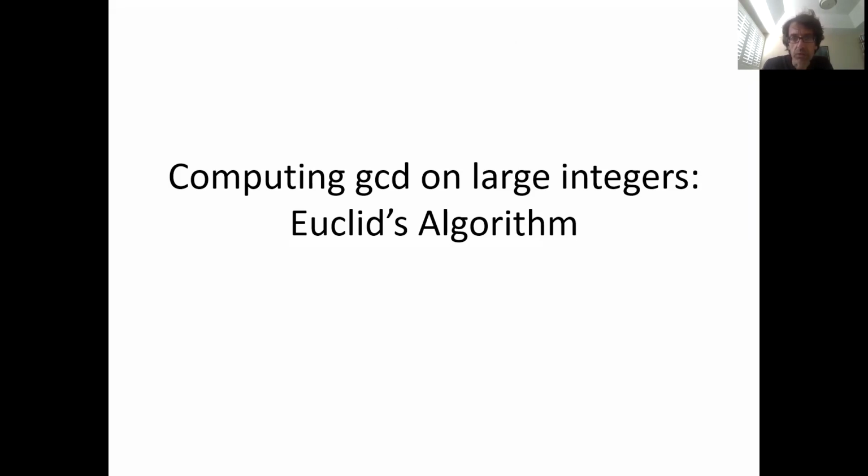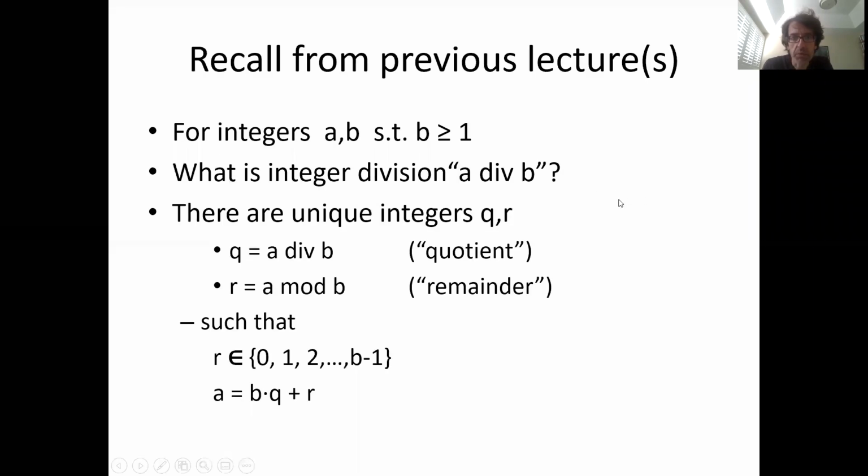Okay, let's recall where we were. For an integer a and a positive integer b, you can define an integer division of a by b, using two integers, a quotient and a remainder.